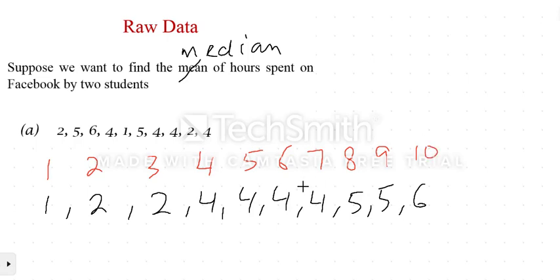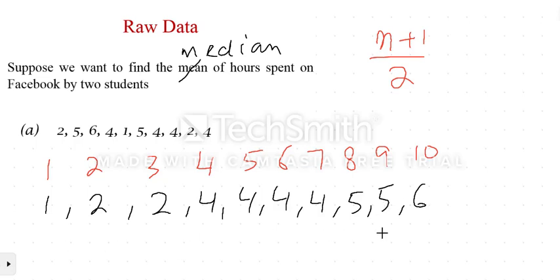We have to find the middle position and which number is there. To find the middle position, we have a formula: (n plus 1) divided by 2. What is n? The n is the total number of values here.